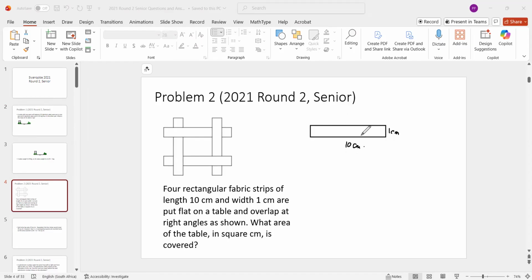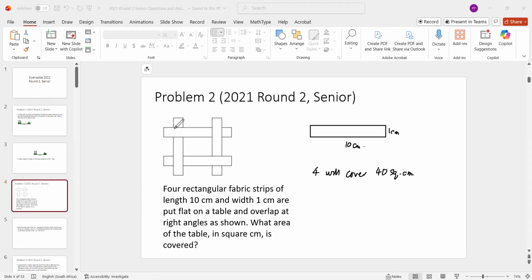Each one covers 10 square centimeters, 10 times 1. So 4 would cover 40 square centimeters. All right, but just observe that some of these things are counted twice.